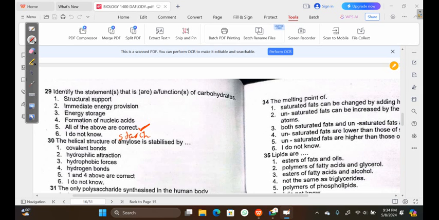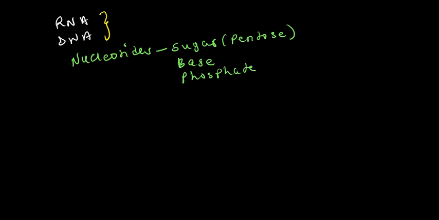Hydrophobic and Van der Waals. So hydrophobic, you have to deal with something not interacting with water.